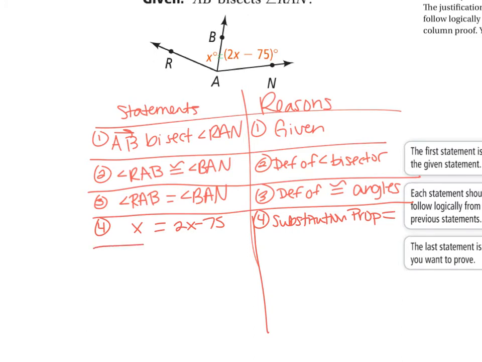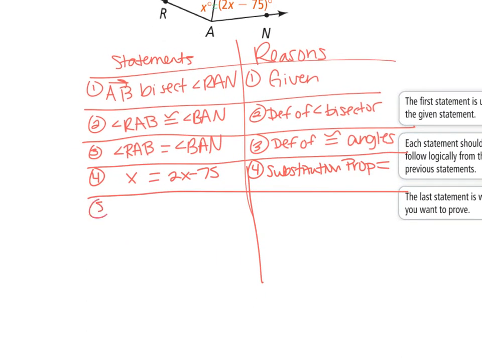Now we get to do math. So how would you solve this? Well, you would get all your x's on one side, so let's subtract 2x from both sides. That would give you negative x equals negative 75. So what did I just do there? I used the subtraction property of equality.